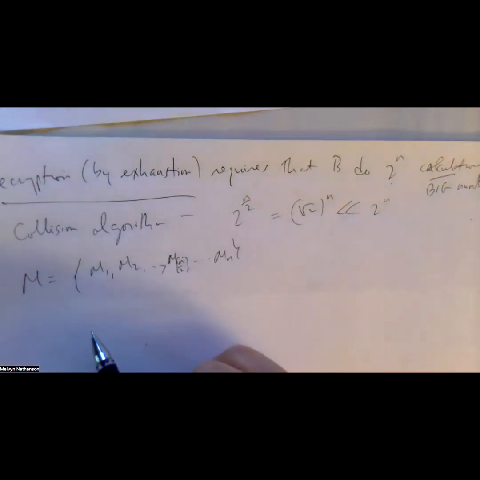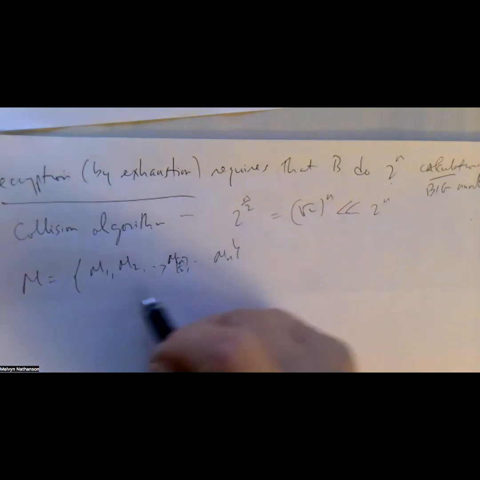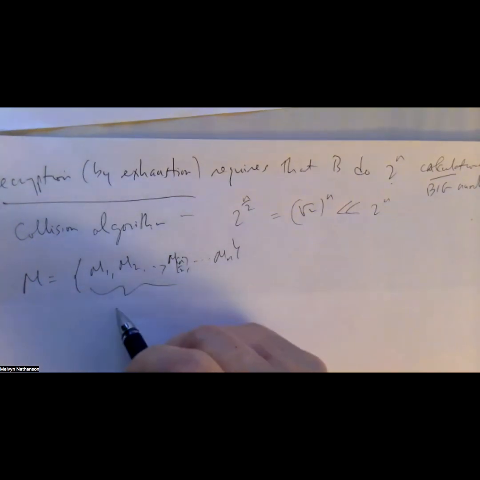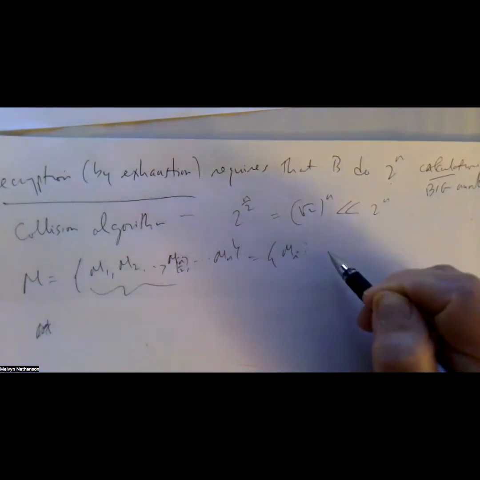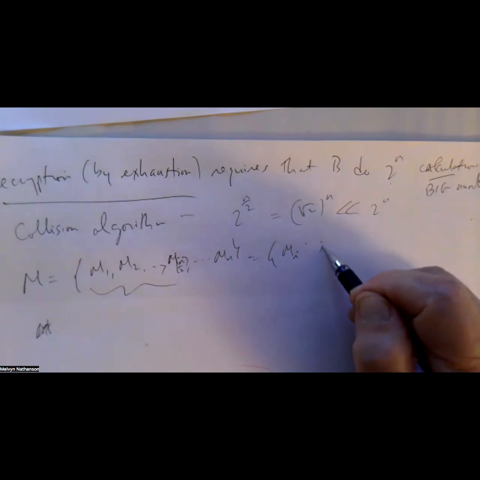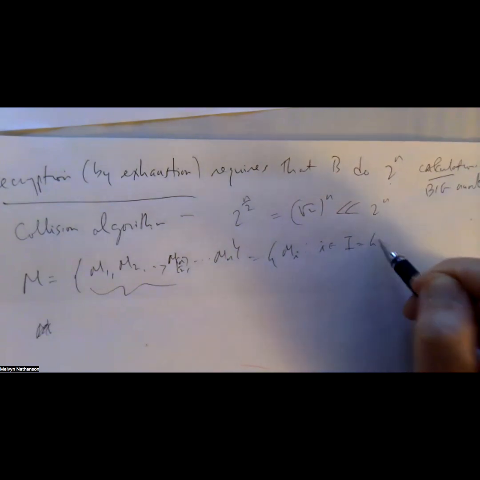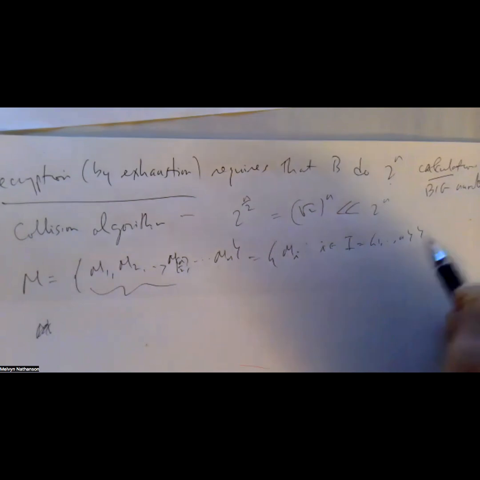I can divide this set into 2 pieces. If I look at the subscripts, this is the set M sub i, where i is in the set of integers from 1 up to n.